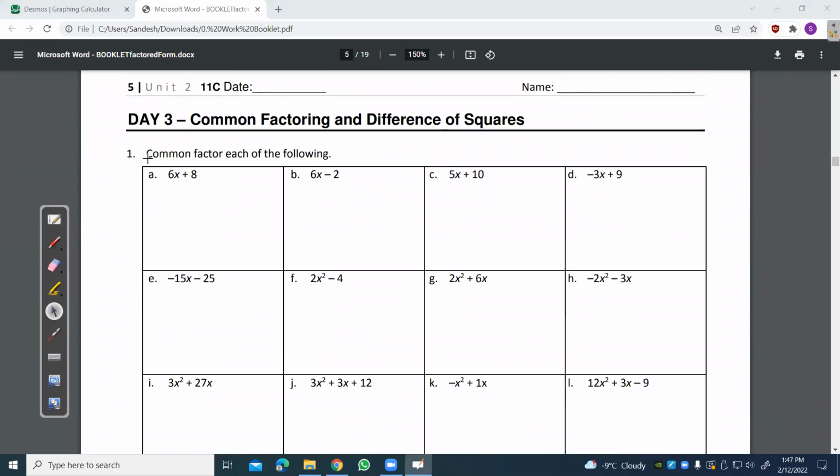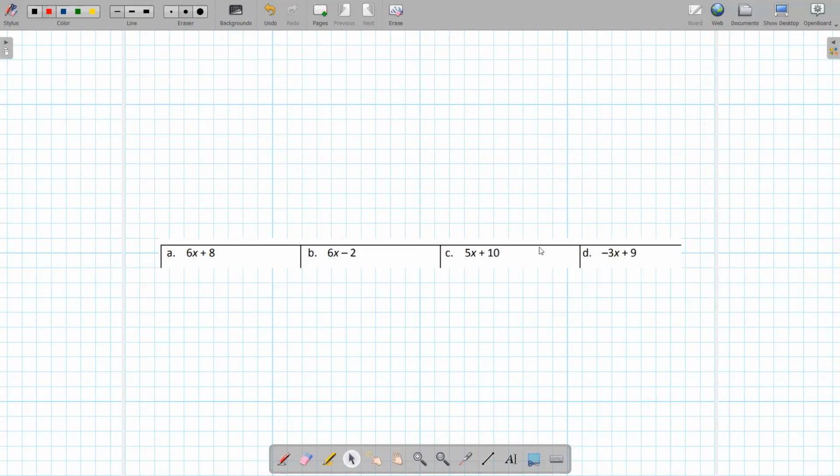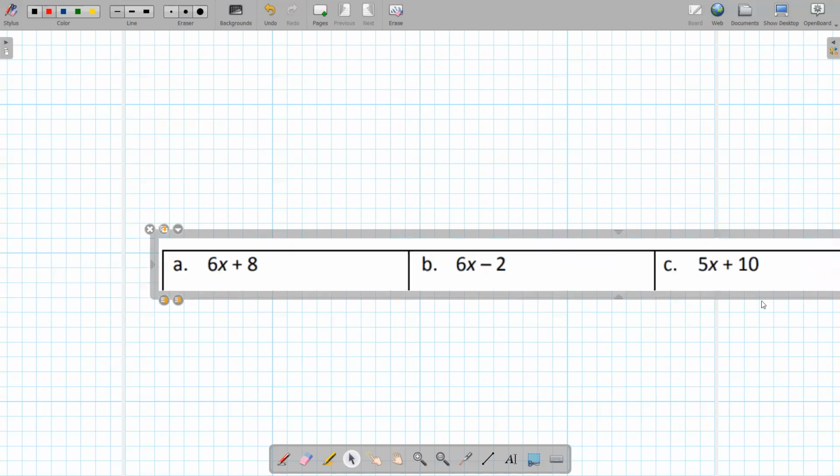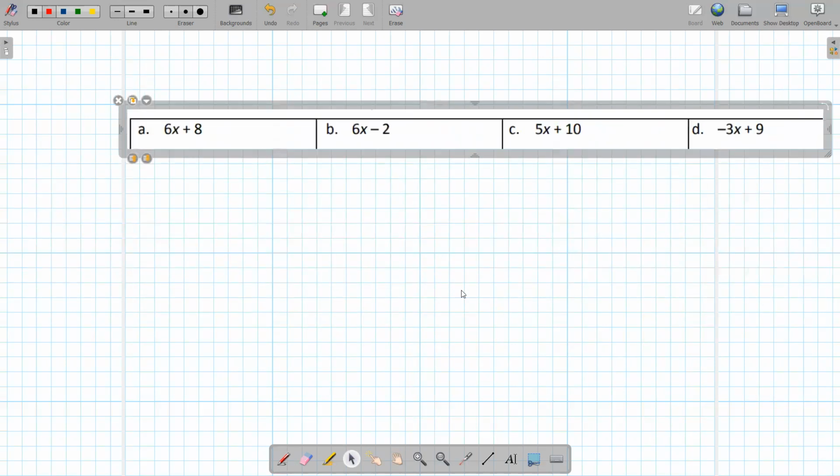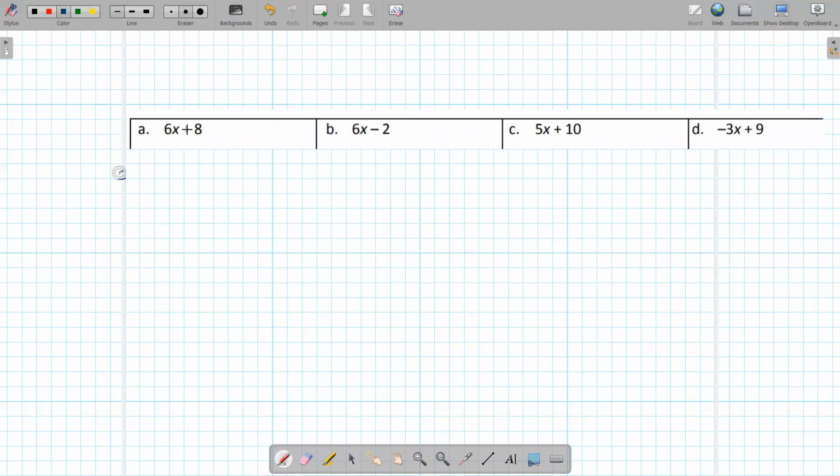So now we're going to common factor things. Before we were opening the brackets, but now we're going to introduce brackets. You're going to pull out the GCF of the entire thing. Here, let me do one for you. What am I talking about? So 6x plus 8.